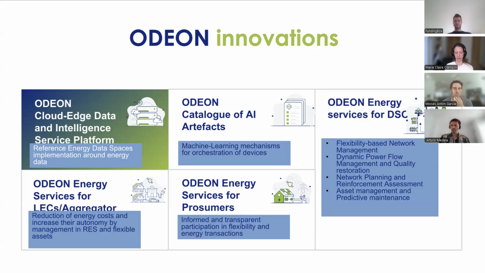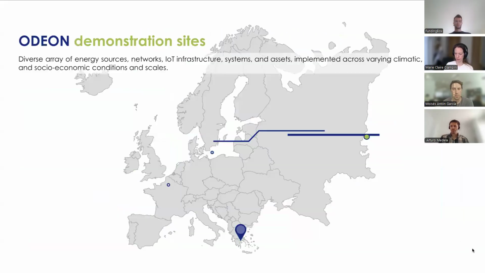On top of that, we have three main categories of innovative solutions, depending on the audience: energy services for distribution system operators, energy services for local energy communities and aggregators, and energy services for prosumers. Next slide, please.